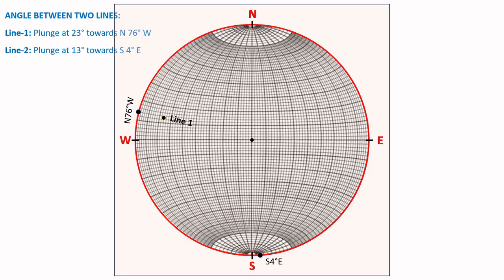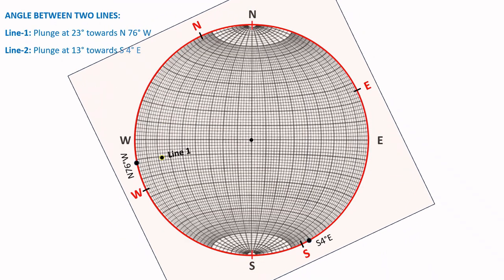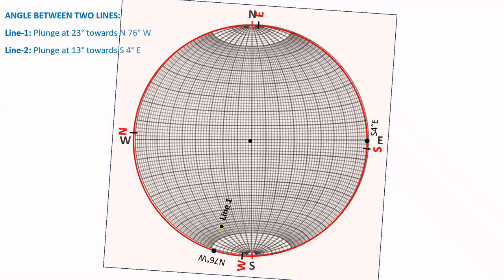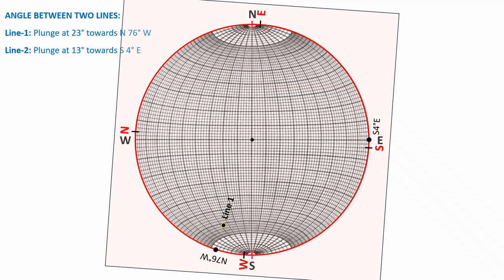Again, rotate the overlay so that this trend lies along the east-west line of the net. Now, measure 13 degrees inward from the primitive circle along the east-west line and mark the point. This point represents line 2.